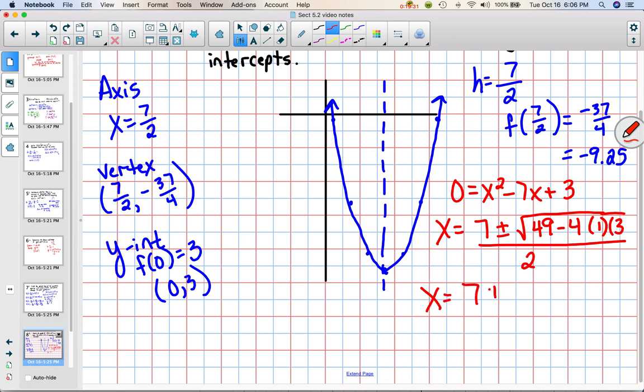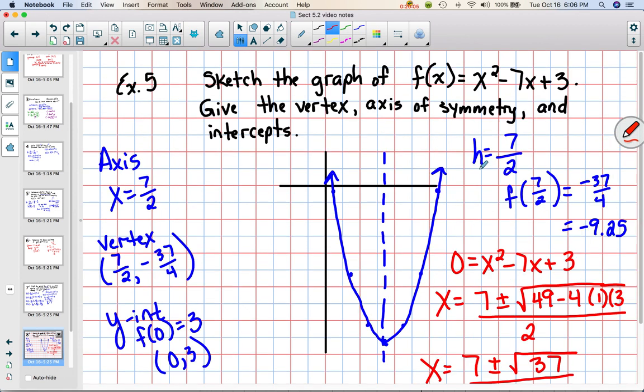So we get 7 plus or minus the square root of, we've got 49 minus 12 is 37, over 2. And the square root of 37 can't be simplified, so you can leave your answer. Remember, this is two answers: 7 plus the square root of 37 over 2 and 7 minus the square root of 37 over 2. If you wanted the decimal approximations, you could plug it into your calculator, because you see that our graph does cross twice.